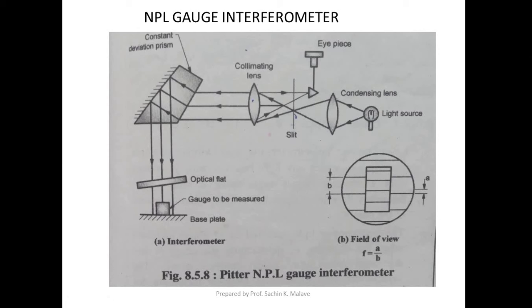Now here a schematic diagram of the interferometer is shown. The source of the light used in the instrument is either a mercury or a cadmium lamp. So this is the source of the light. Each of these lamps gives a maximum of 4 wavelengths.